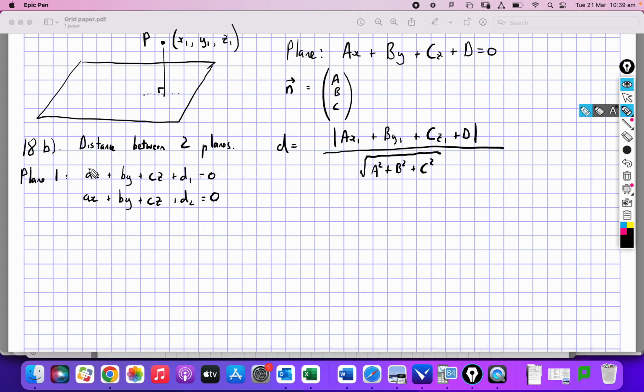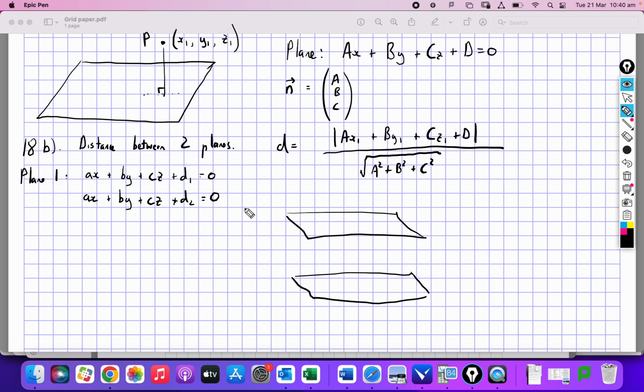They haven't given me actual or specific equations. They've just said ax plus by plus cz plus d1, and they've got the same equation but with a d2. So this is a situation where you will have planes looking like this, right? Parallel planes.